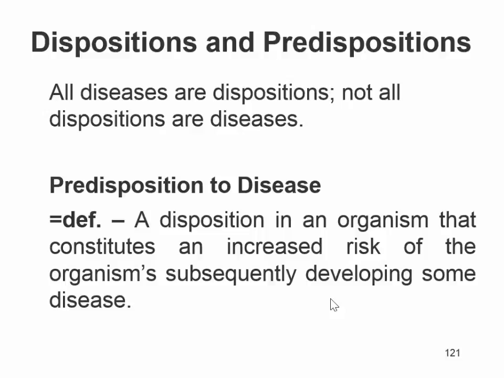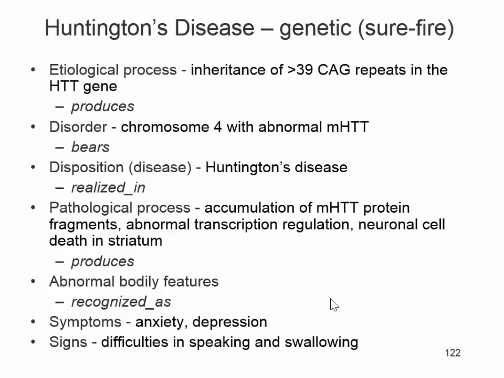And an example would be Huntington's disease. This is a surefire disposition. In other words, if you have it, then you always get the disease. And here the etiological process is a certain genetic inheritance which produces a disorder, which is chromosome number 4 has abnormal MHTT.